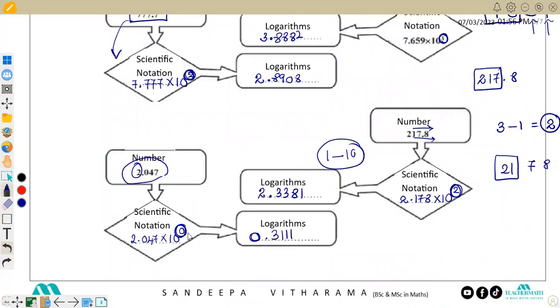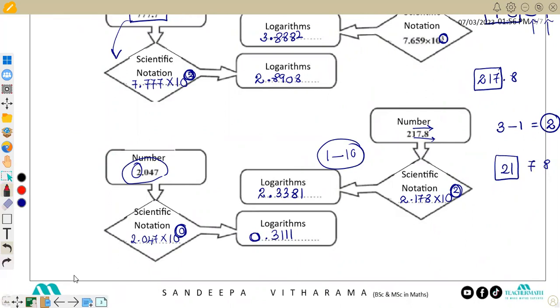This says that when you write the value 2.047 as a power of 10, its index is 0.3111. Okay. This is about finding the logarithm of a number.